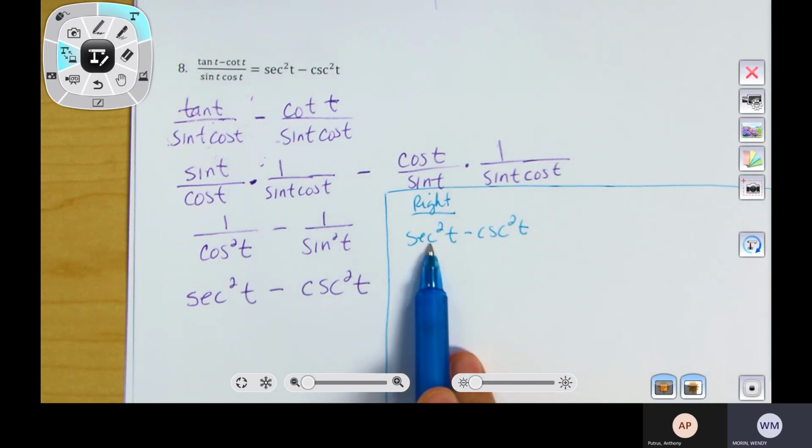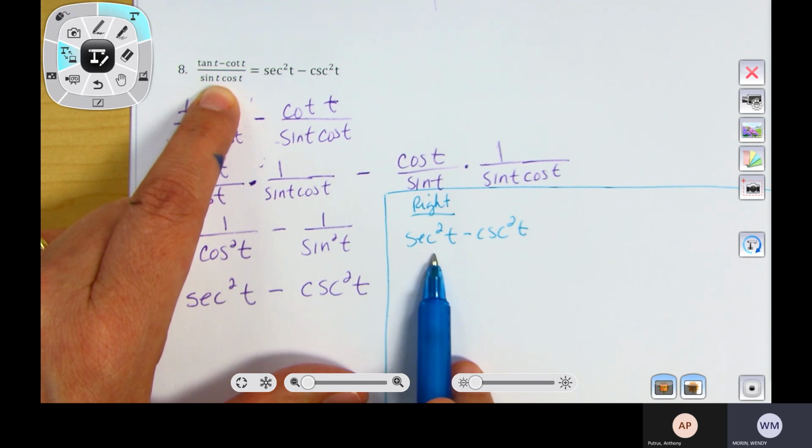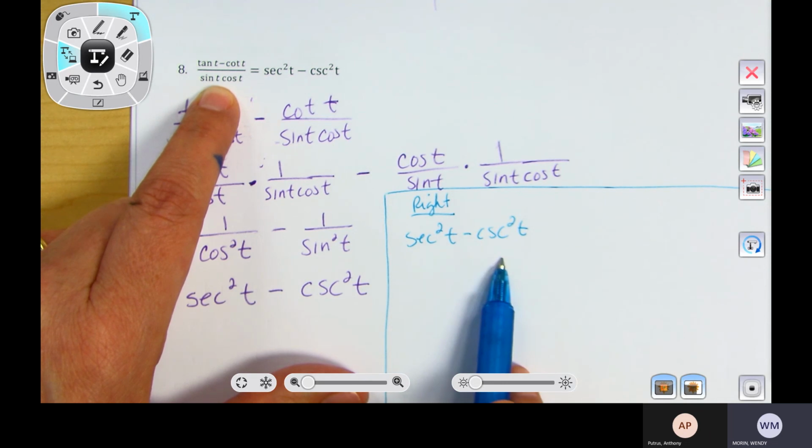Do you want me to change this to tan squared plus 1? I could, but again, we're trying to get to this. You want to change it to 1 over cosine squared? And change this to 1 over sine squared? Okay, we could do that. What else could we do?